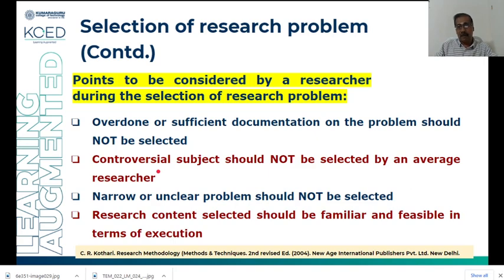Controversial subject. Assume that one controversial subject I can speak of here is Helicobacter pylori. This debate has been going on for even two to three decades, whether Helicobacter pylori is responsible for causing gastric cancer, or gastric ulcer.